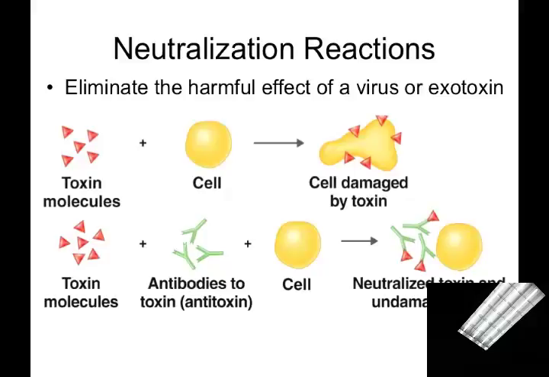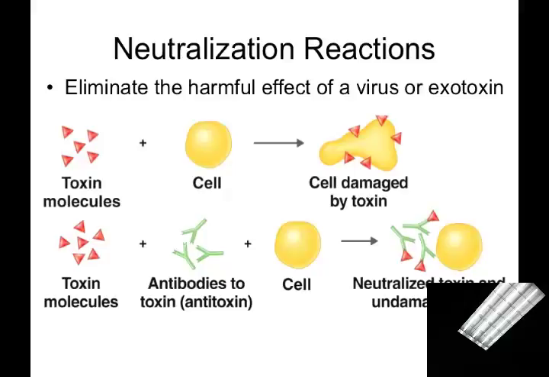We can also do a neutralization reaction, and one way to think about this is it's based on the fact that this is what our bodies do normally, right? So toxins, a lot of exotoxins, they damage cells, perhaps by making holes in them, for instance. And if we add antibodies against that toxin, we can prevent that from happening.